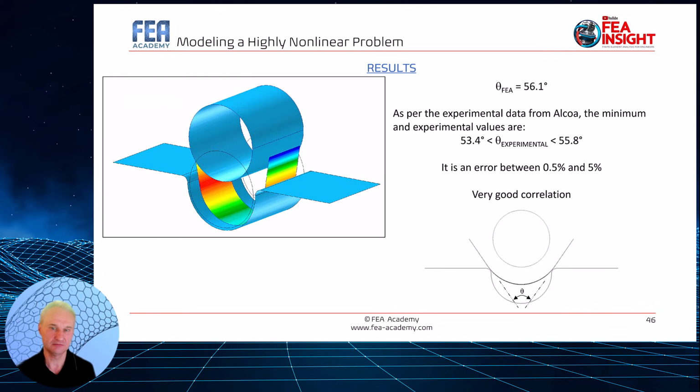The simulation gives an angle of 56.1 degrees. The experimentation data from Alcoa, published in the paper, gives the minimum and maximum experimental values, because they did the experiment many times.